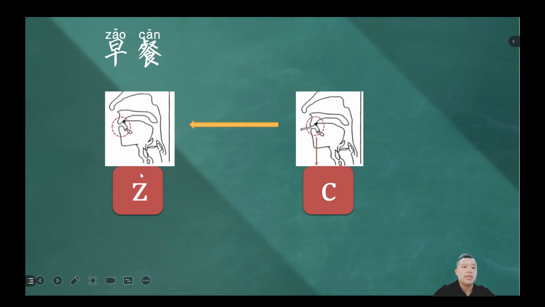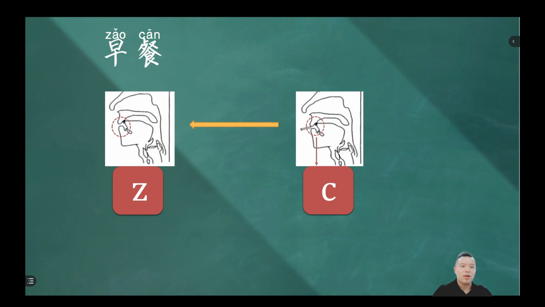Do you remember when we were talking about the z for the first time? We said that z is actually like the vibration after you touch electricity, or the electronic device has leaked out some electricity, like zzz.